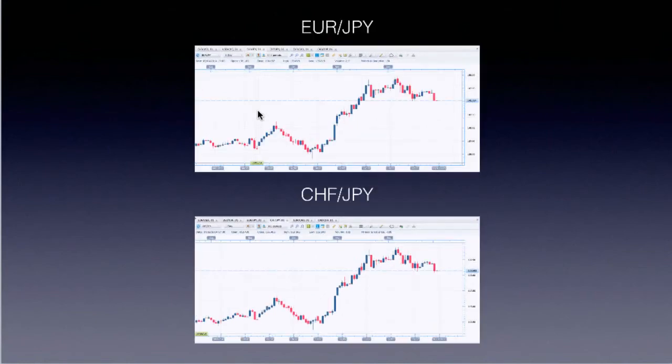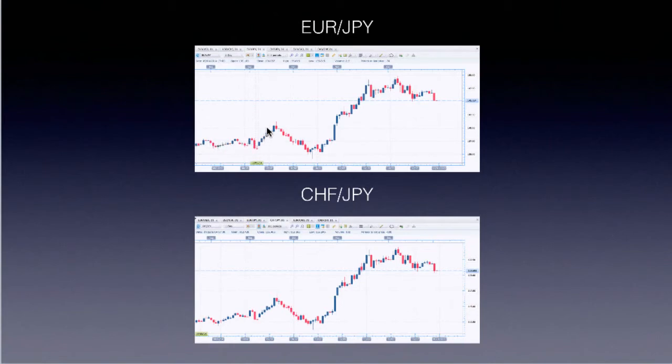Now, let me show you the next slide. The next slide is the Euro Japanese yen and the Swiss franc Japanese yen. Now you'll notice that these two charts look very similar, identical.